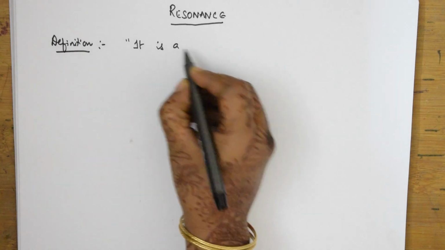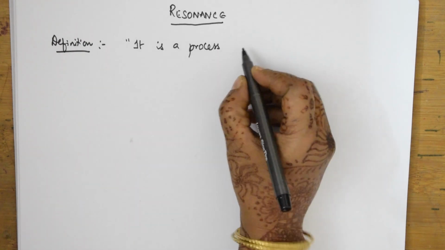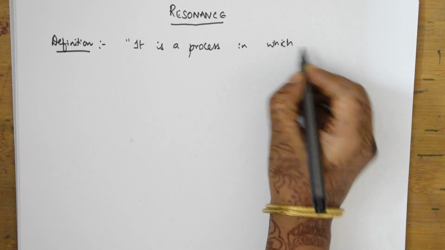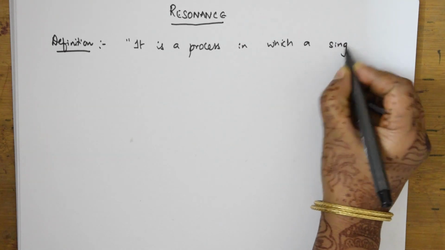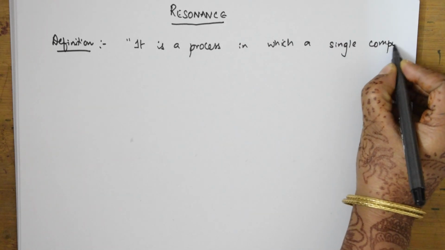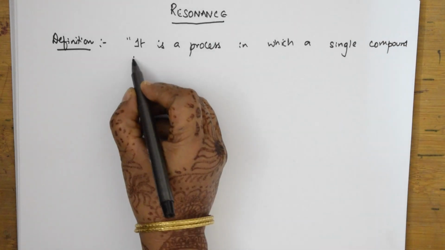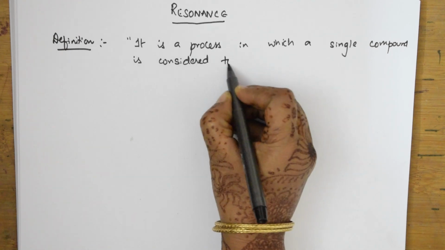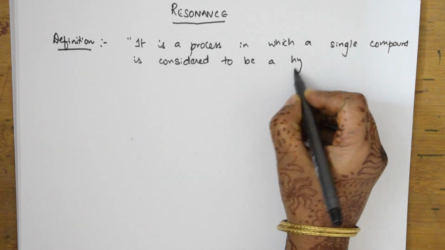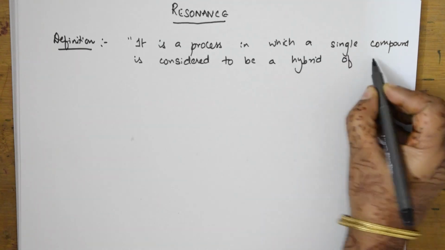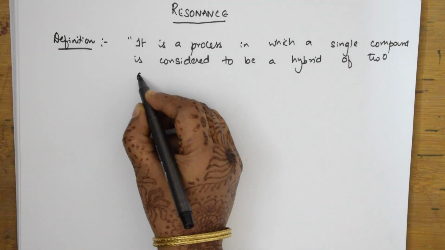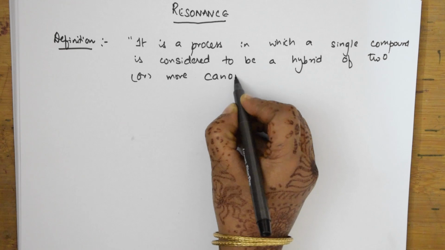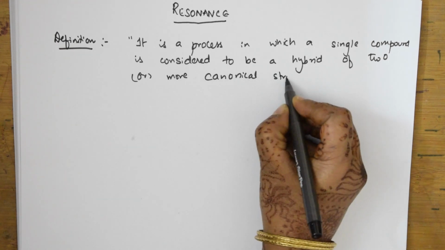It is a process in which a single compound is considered to be a hybrid of two or more canonical structures. This is one more word which I have introduced.